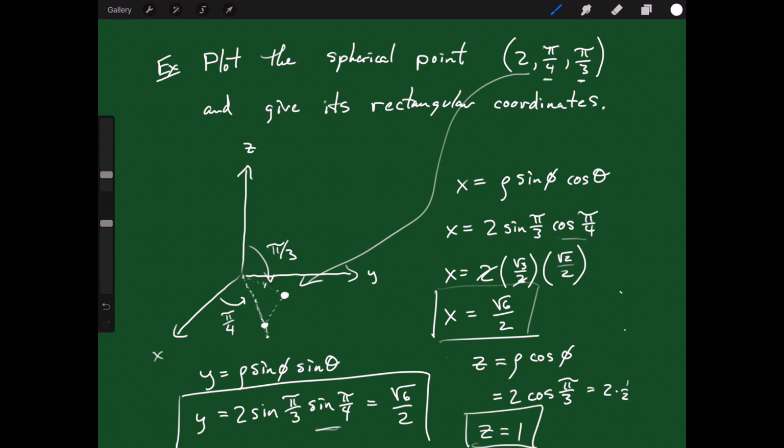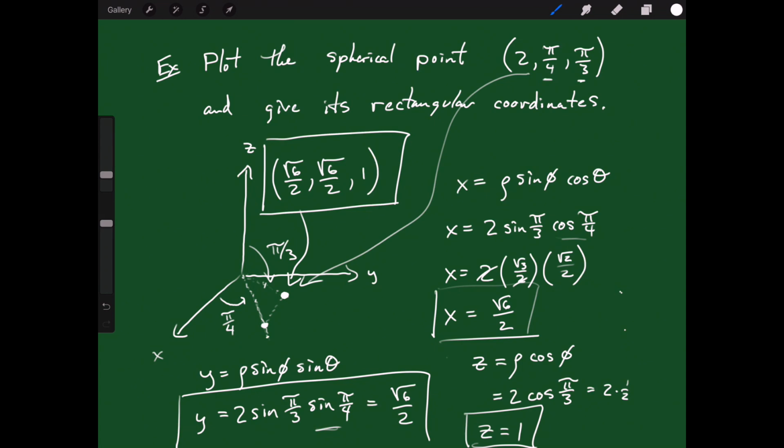So the rectangular coordinates of that point are root 6 over 2, root 6 over 2, 1.